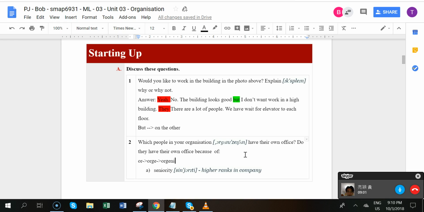Organization. Okay. Let us read this one. Let us practice. We are going to do the drill. Okay? Or. Org. Ogre. Organi. Organize. Organization. Okay, you got it.